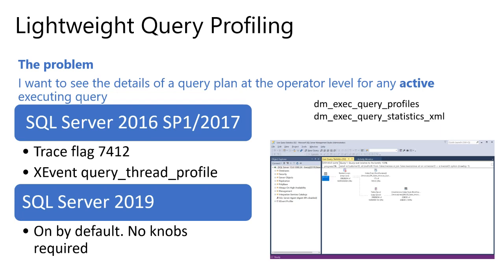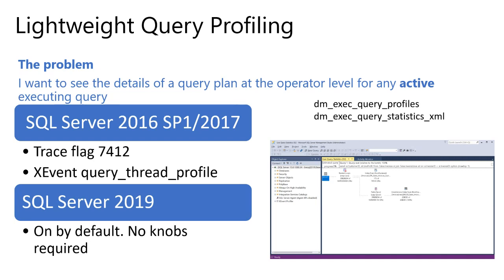And this feature is, as I said, enabled by default in SQL Server 2019, but Microsoft made something really good with this. It ported back this feature to SQL Server 2017 and SQL Server 2016. It is not enabled by default.